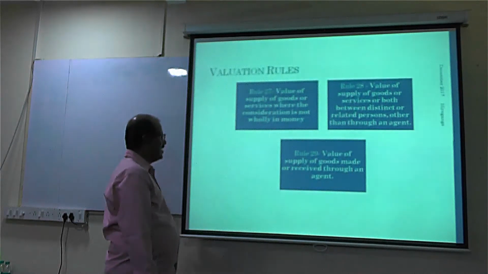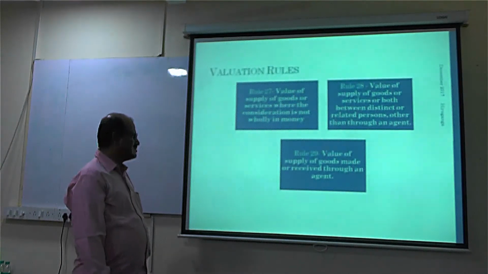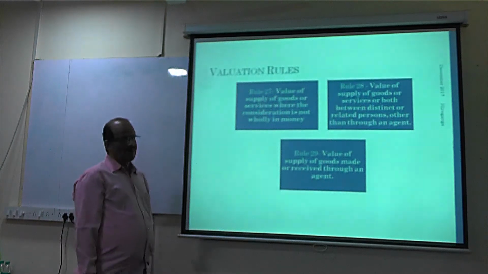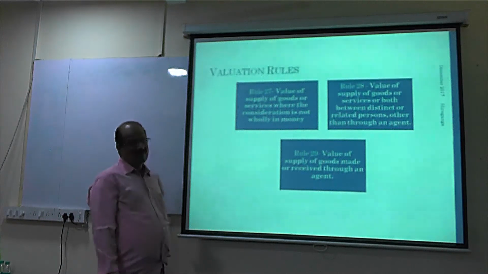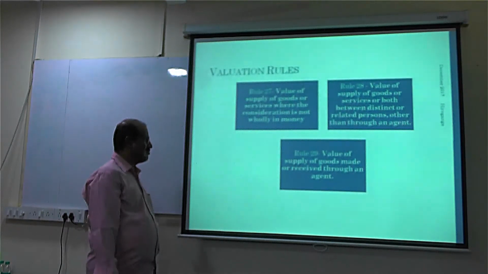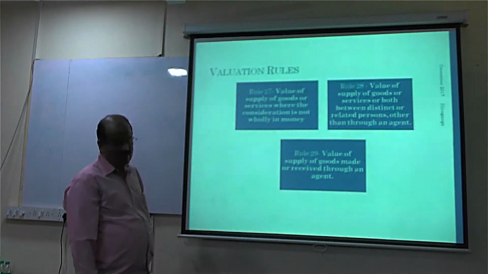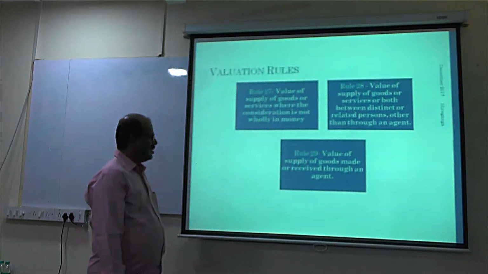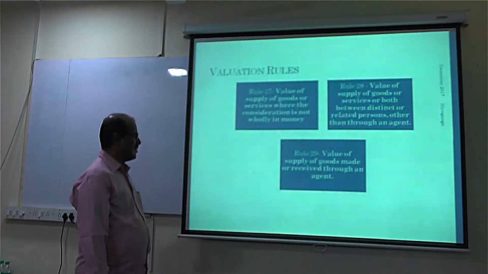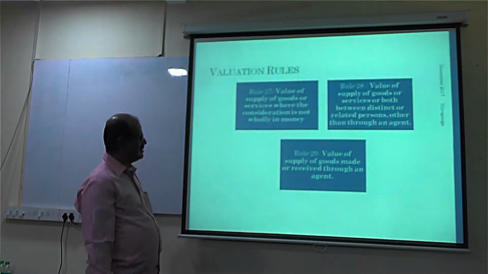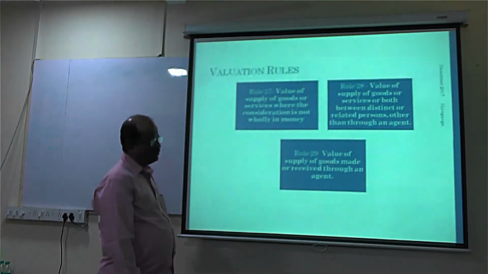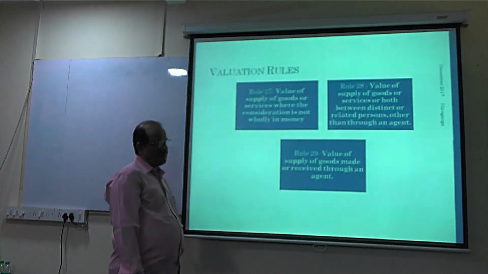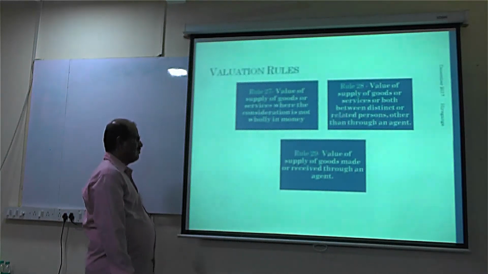The next rule is Rule 29, which deals with supply of goods made or received through an agent. The one difference that has been made for the purpose of supplies through agent or supplies to an agent is the provision providing for acceptance of 90% of the value of goods of like kind and quality in the market.